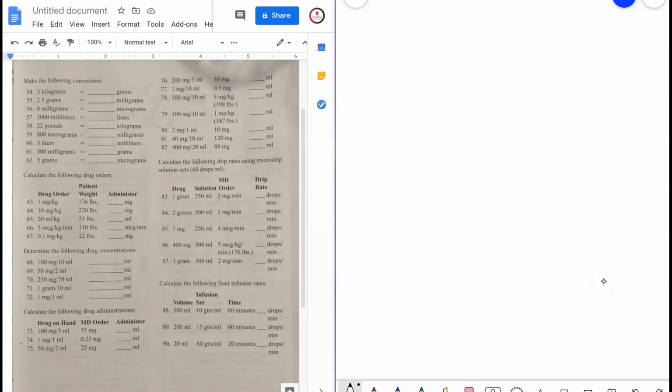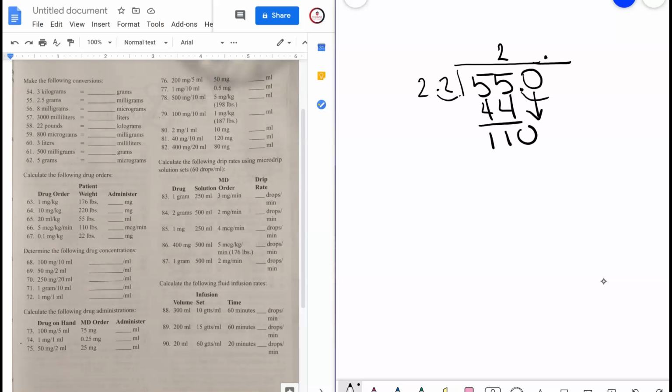All right. So now we have a 55-pound patient. Okay, so let's do the division for this one. You move that over. 2.2 becomes 22. 5 becomes 55. So 22 into 55 is 2. Drop that down. 22 into 110 is 5.